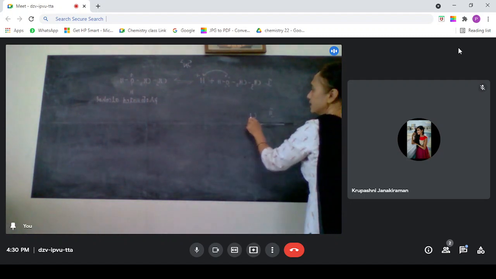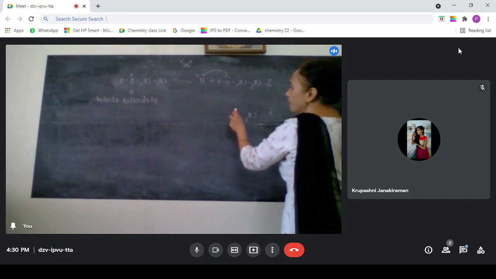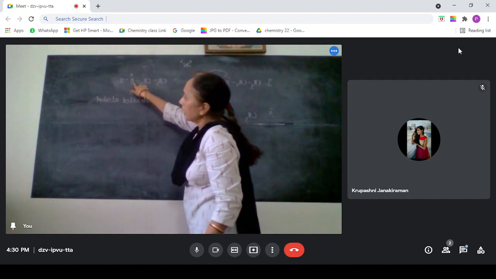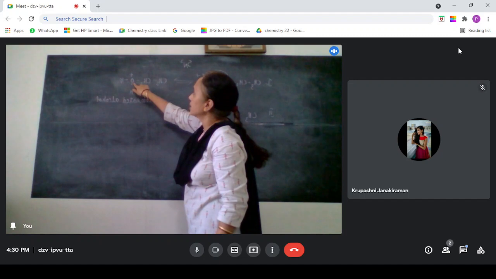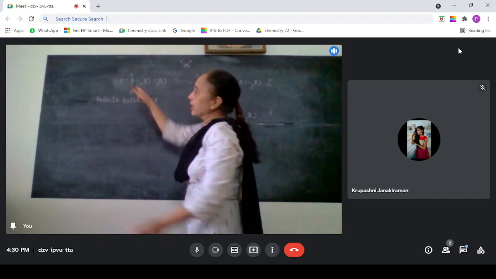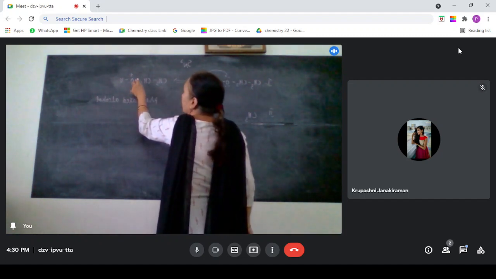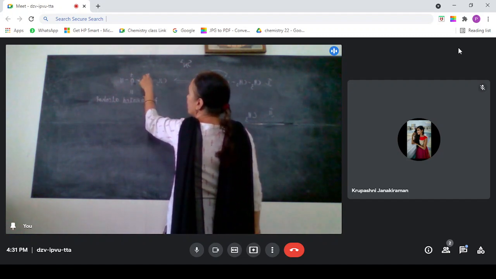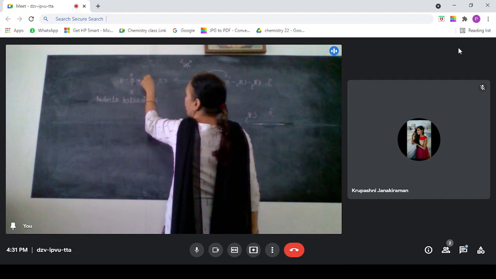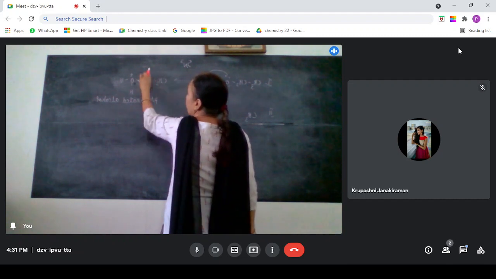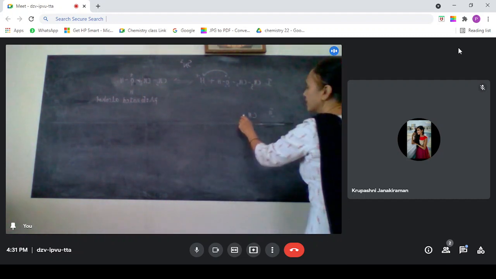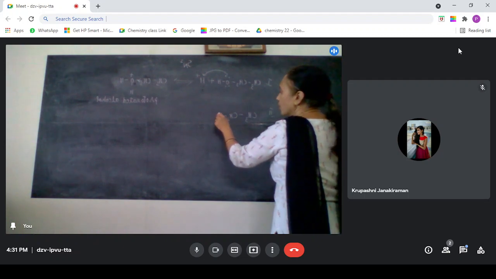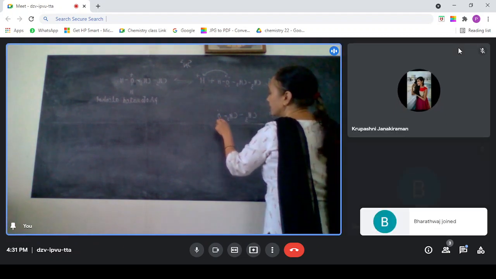Then what happens? This oxonium ion, see, this oxygen is electron deficient. Because this is electron deficient, it pulls the pair of electrons of this bond to this. So this becomes electron deficient now.